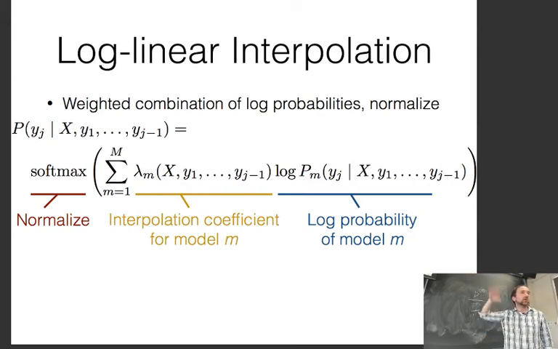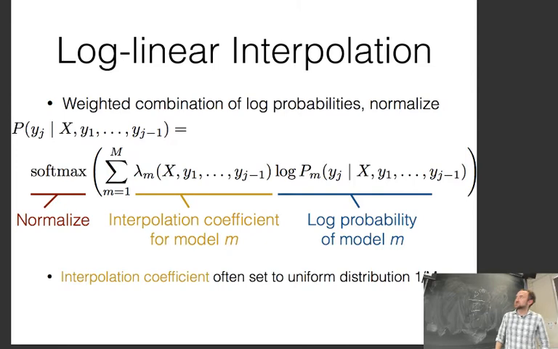So we need to renormalize and ensure that these add up to 1. The interpolation coefficient here is also often set to the uniform distribution. And if that's the case, then we just add them together and take the average, basically.